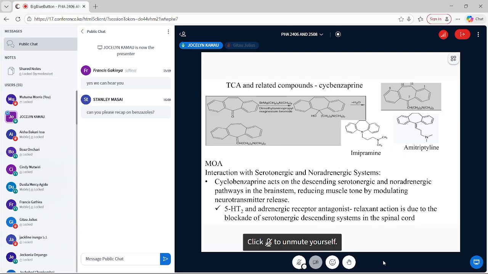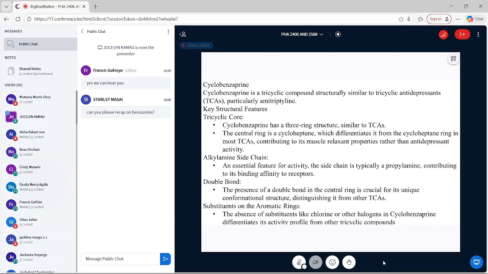Structural resemblance: when you look at protriptyline and cyclobenzaprine, the difference is that in protriptyline there is an sp3 carbon at position number 5. In cyclobenzaprine, there will be an sp2 carbon at position number 5. So please make sure those are in the notes.